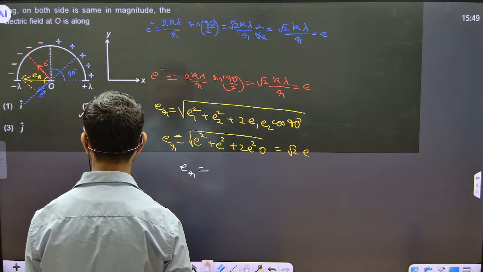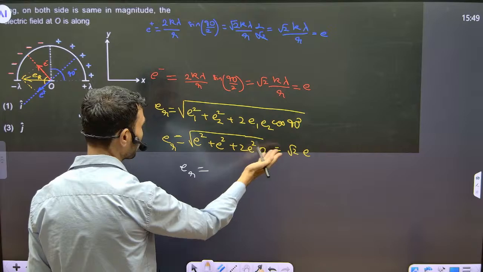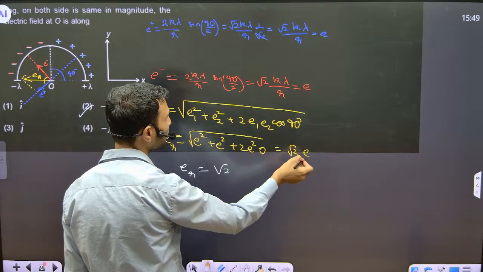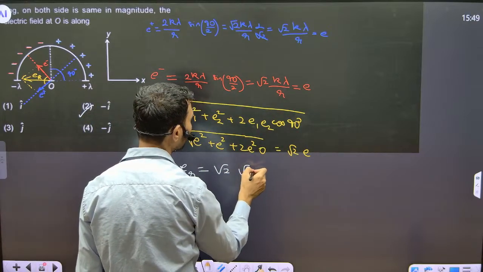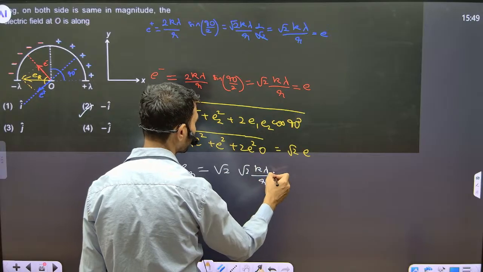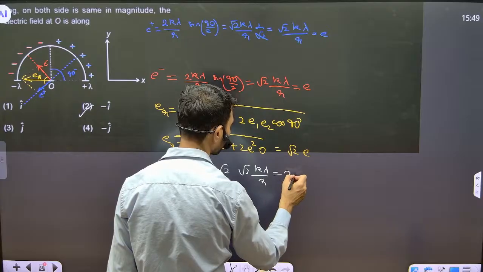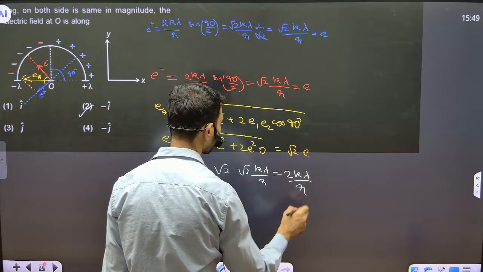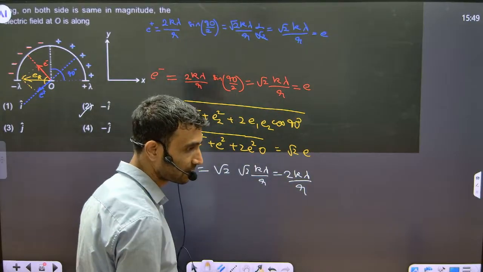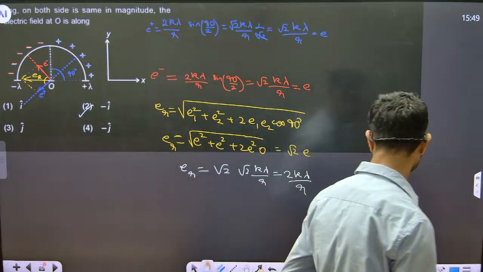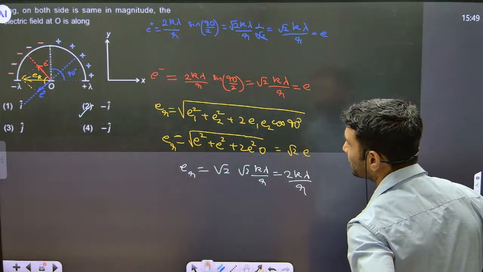Minus i cap. That one thing is clear. Then the value is root 2E, and value means magnitude. And E is root 2 k lambda by r. So the answer is 2k lambda by r. So that's the magnitude of the electric field. Got it?